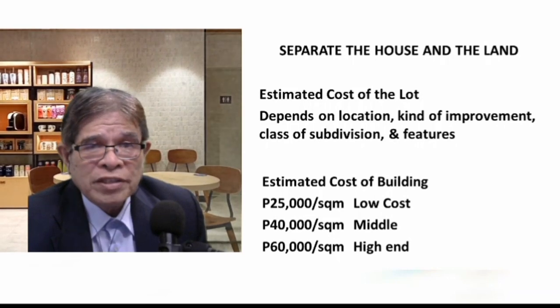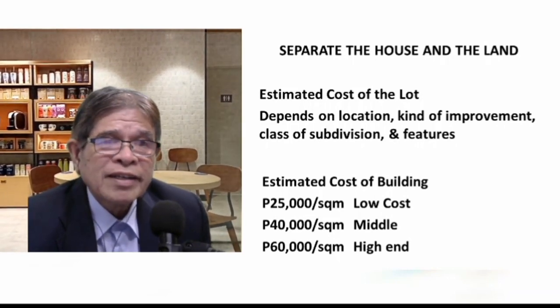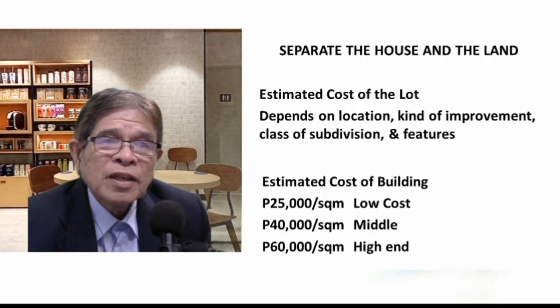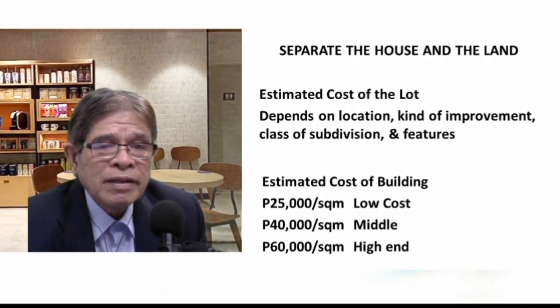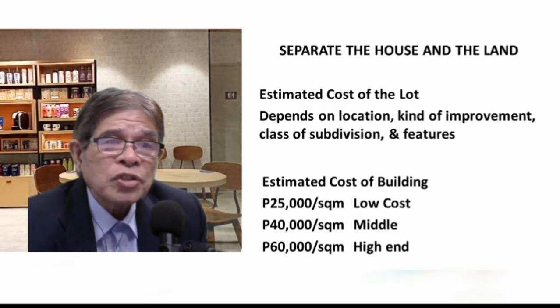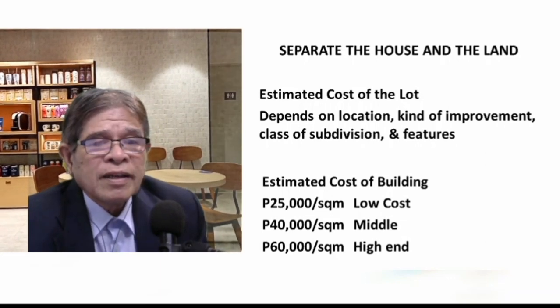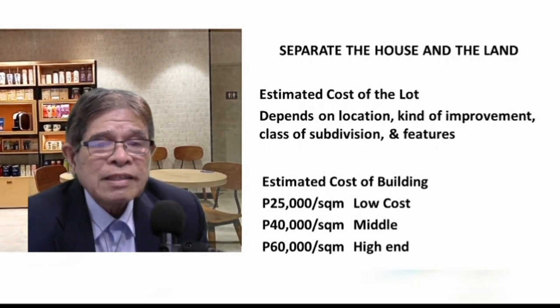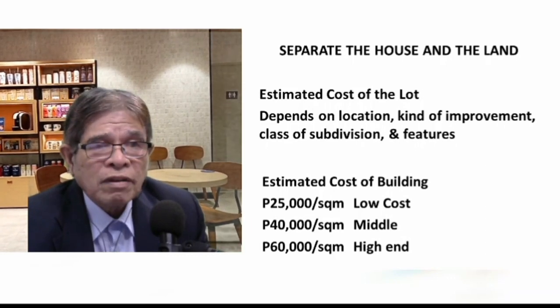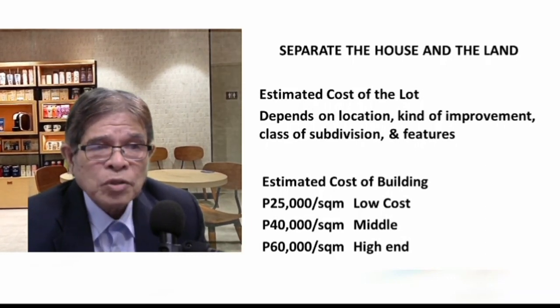That is as of this year, 2021. But this is not absolute. You just have to compare prices in the present situation. Perhaps you are going to ask for a quotation from a contractor. Okay, so this is just an estimate of the cost of building a house brand new.